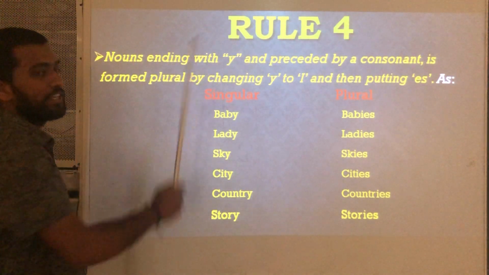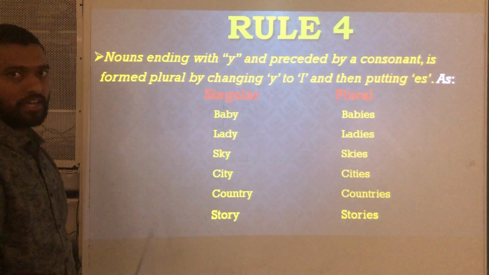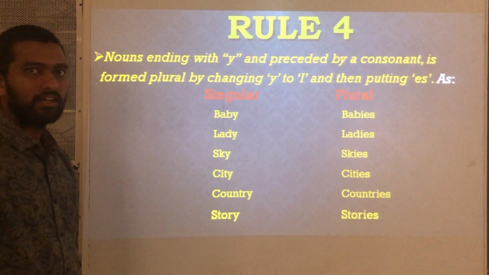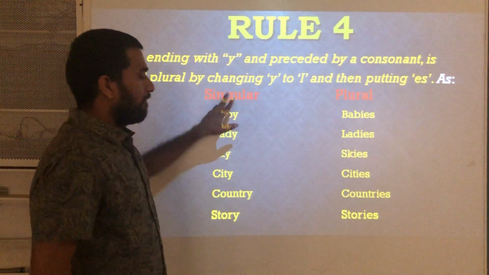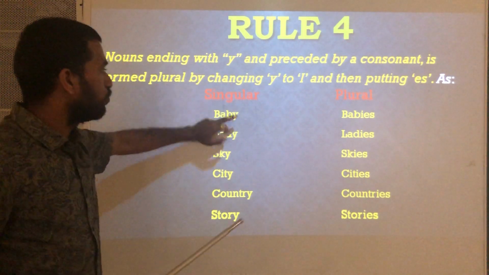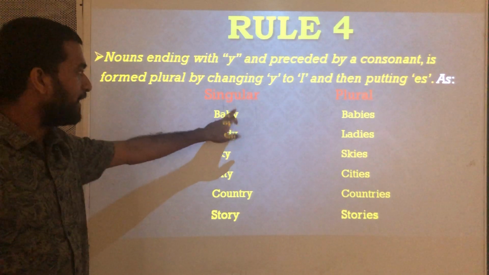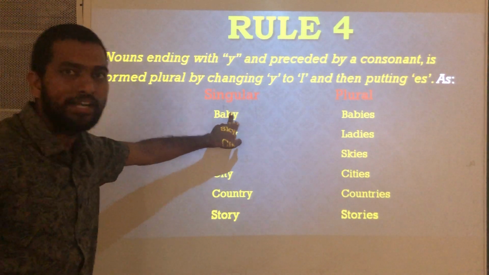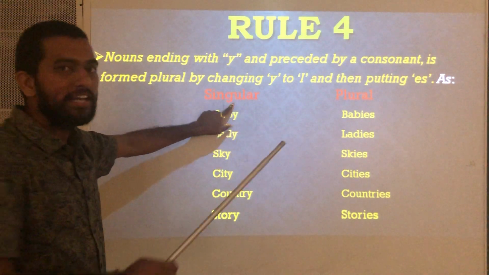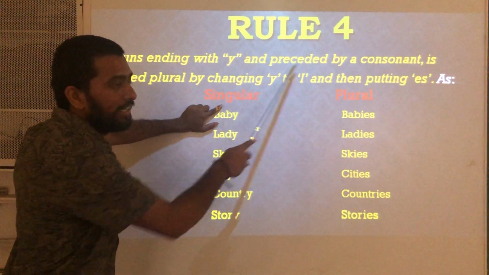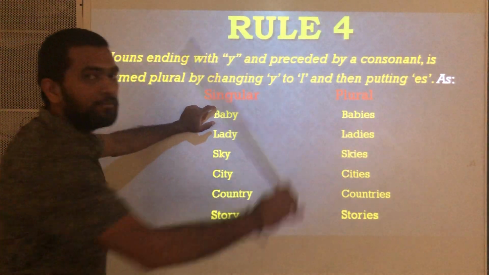And remember, rule number 4 is very important. Mostly in exams we have a chance to get these types of words. See, baby, babies. What is the rule? When the word has y as the last letter preceded by a consonant, that means before this letter a consonant is there, then we should remove y, and in place of y we need to write i, and then add es to it, then it becomes plural.